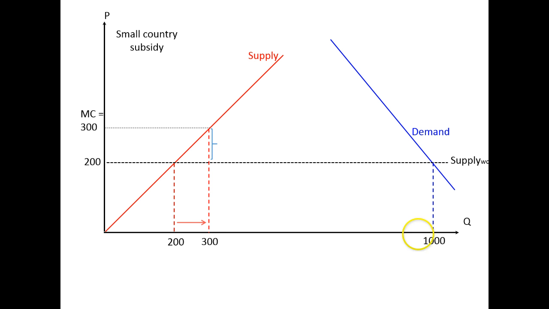We know that the marginal cost for the last produced one is 300, so we shift the supply function downwards by 100 units of money. The subsidized supply function will be competitive up to the world market price of 200, and that will give us a production of 300. And since the market price isn't affected, the consumers are still paying 200 per unit, and therefore we're going to consume 1,000 units.